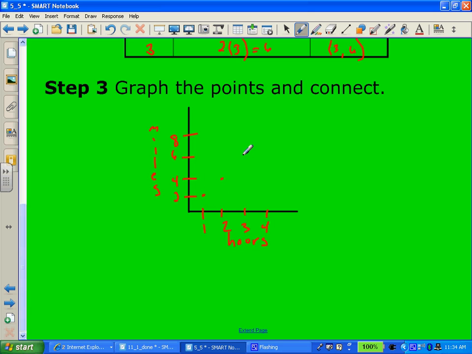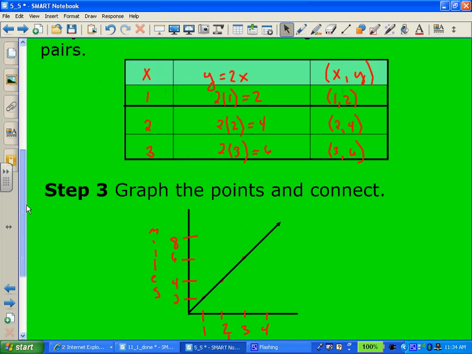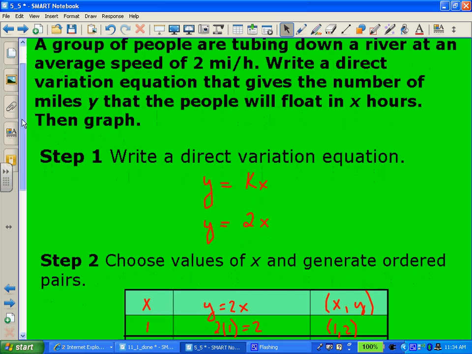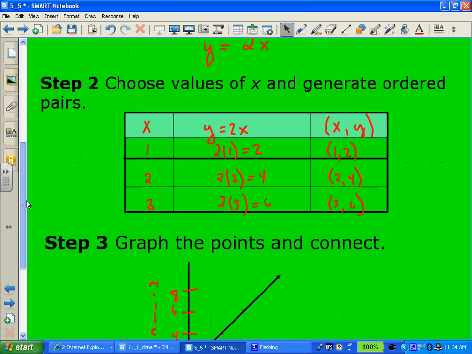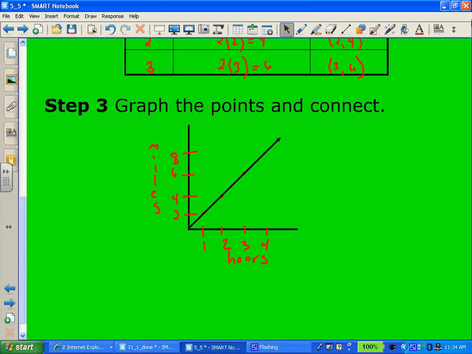So I got 1 hour, 2 miles, 2 hours, 4 miles, 3 hours, 6 miles, and then I'm going to go ahead and connect. So there, I've written a direct variation equation, I've come up with some values, and then I've graphed it.